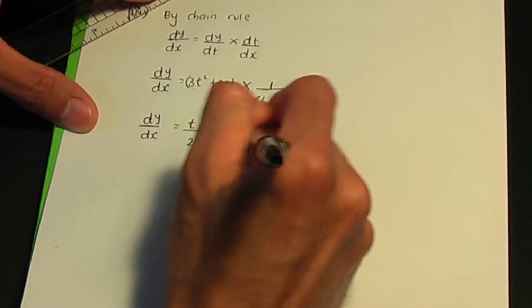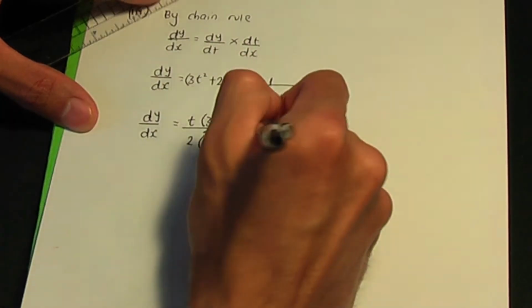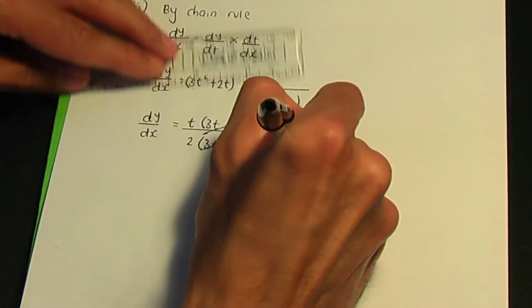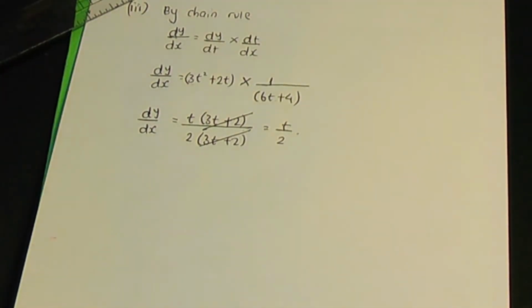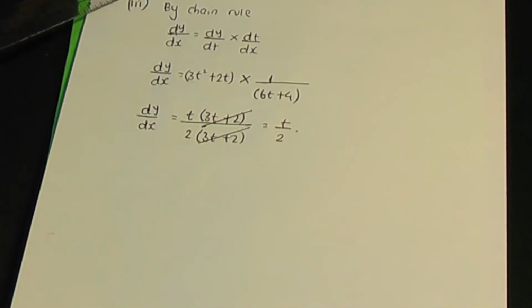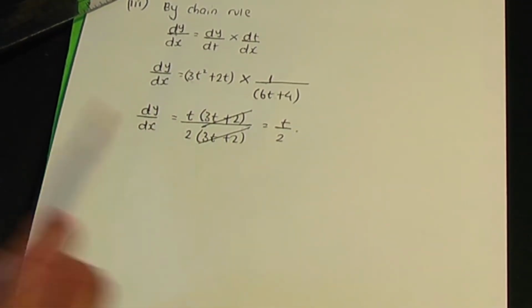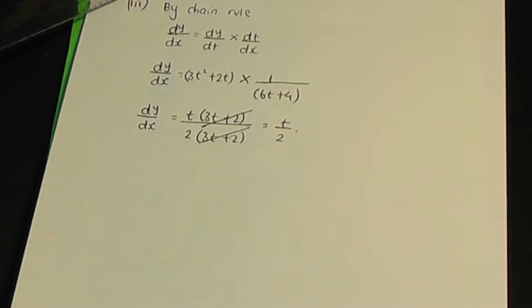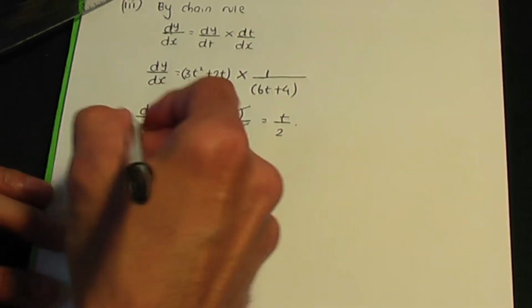By doing this, I can cancel these terms, giving me a solution of t over 2. So that's the solution for dy over dx. I've simplified dy over dx, so if you can simplify, by all means do so. Now I'm ready to work out d²y over dx squared.